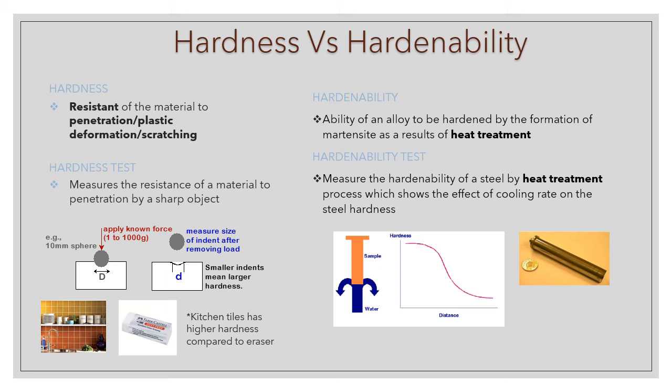So to conduct a hardness test, we do not need to conduct any heat treatment, but if we want to conduct a hardenability test, we must conduct the heat treatment before we conduct the test.